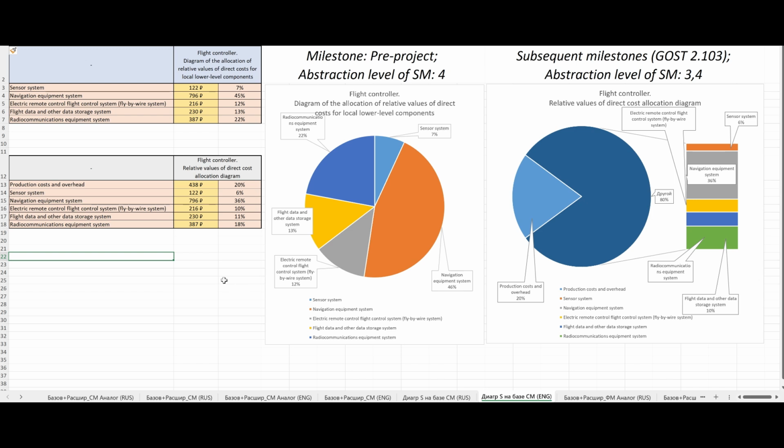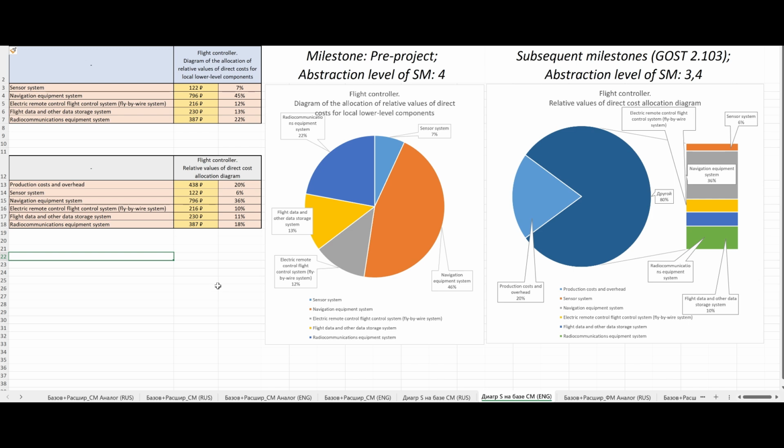I will not go into the specifics of building and configuring secondary diagrams in a tabular editor. Nothing in this case, only the following. Firstly, we have two types of S-diagrams, namely a diagram for the pre-project and the first stages of the design documentation, and a diagram for the final stages of the design documentation and the stage of serial design documentation.